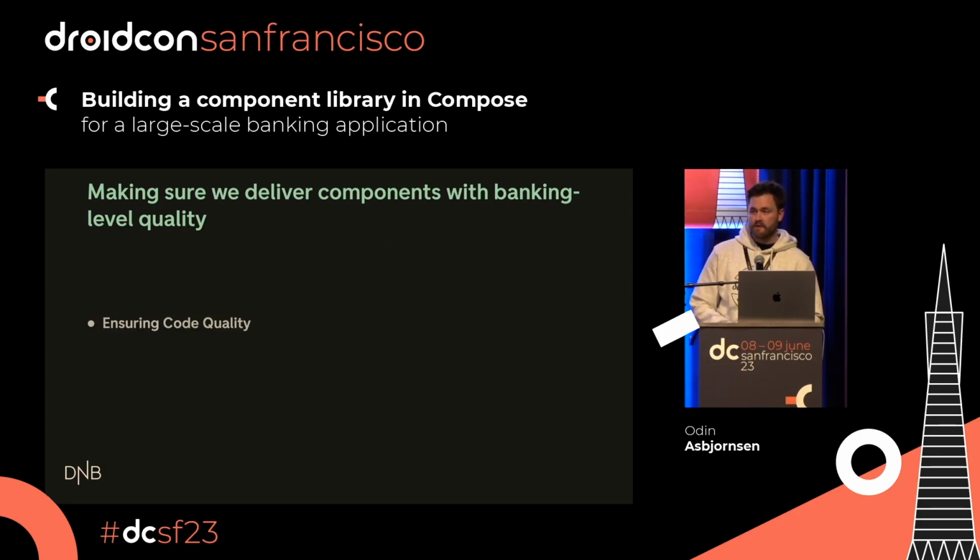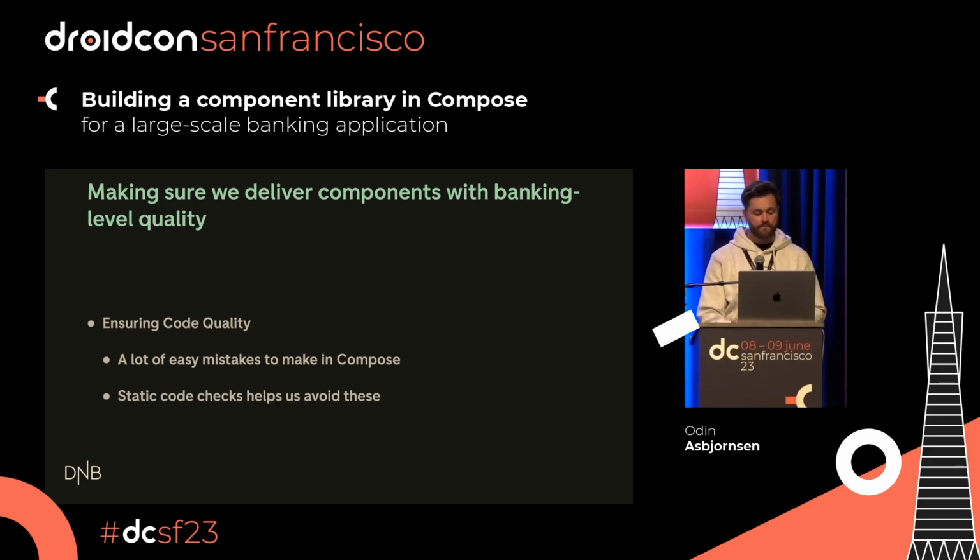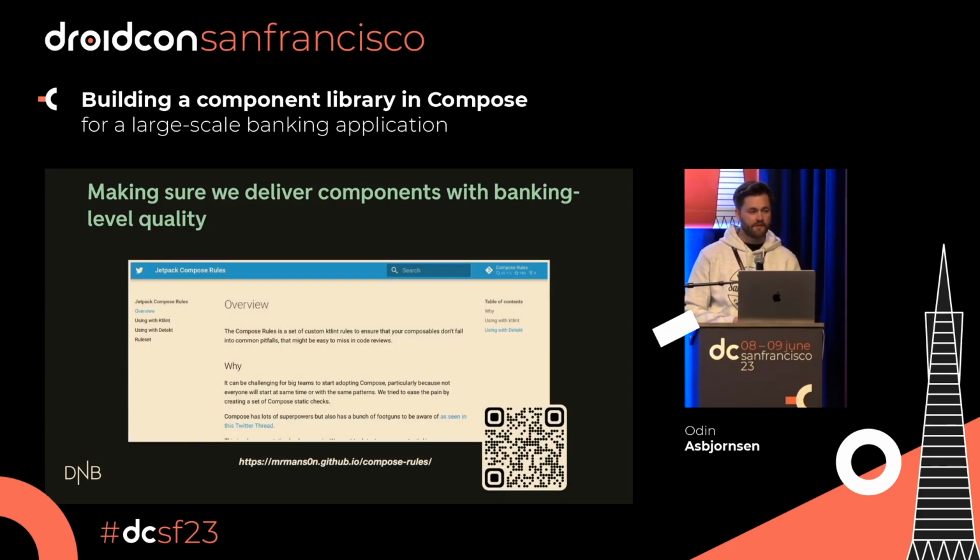One thing that we also found interesting is how do we ensure code quality in a library like this? As I said in the beginning, in Compose there are a lot of easy mistakes that you can make. We found that static code checks help us a lot along the way. There is this library from Twitter called Jetpack Compose Rules, which is really nice.